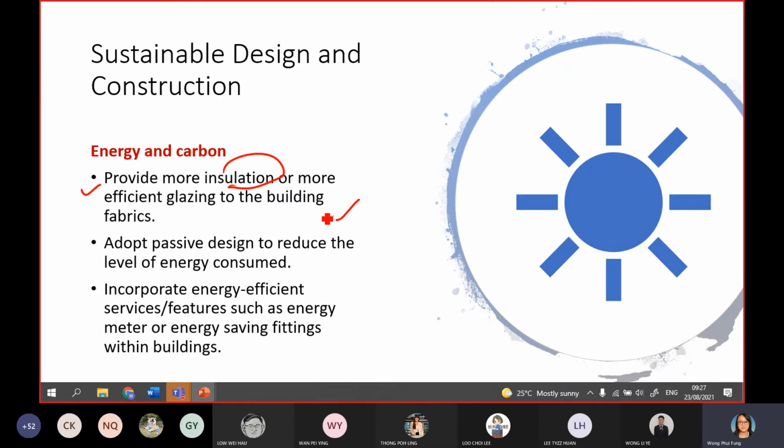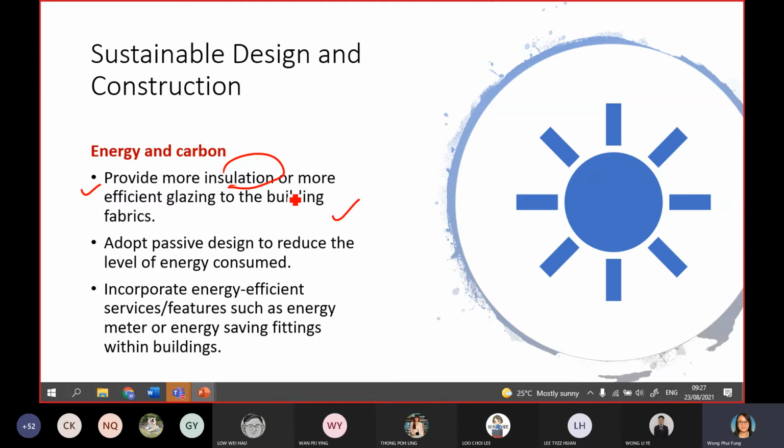So when the insulation is good, when the glazing is good, you won't feel hot even though you are inside the building. If you don't feel hot, you won't turn on the aircon, isn't it? So that's why insulation is very important to make the building occupant feel comfortable inside, even during the hot day. That is the first thing.